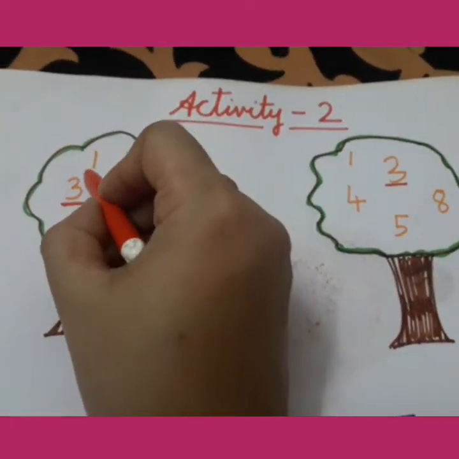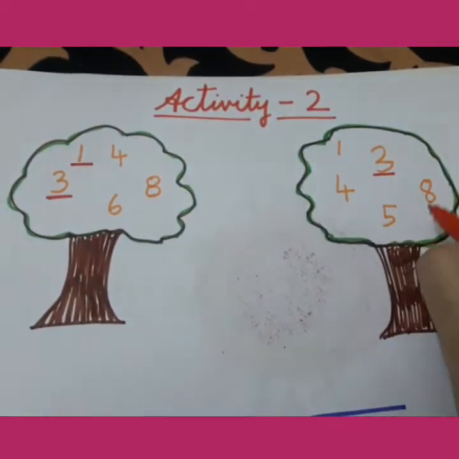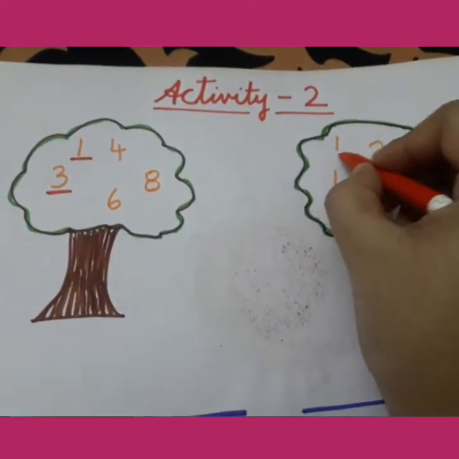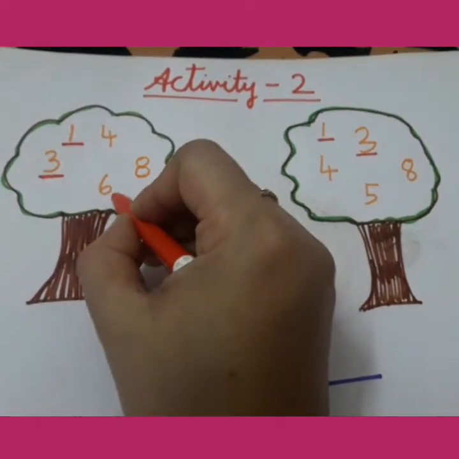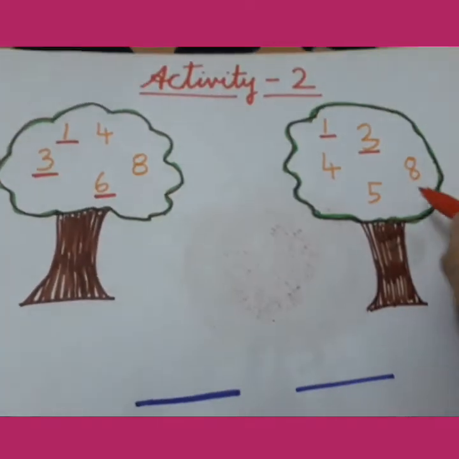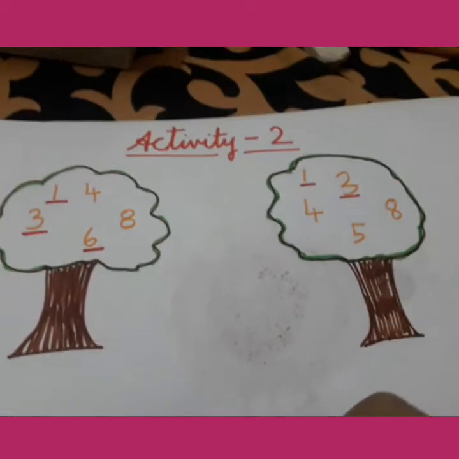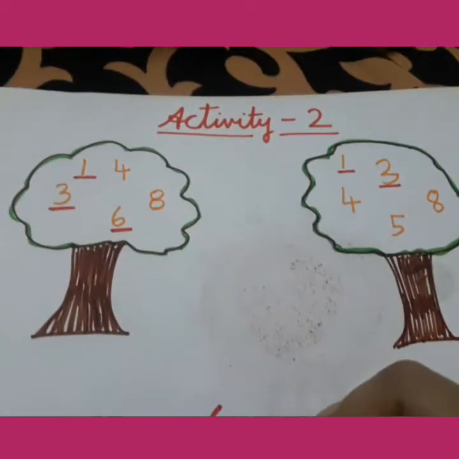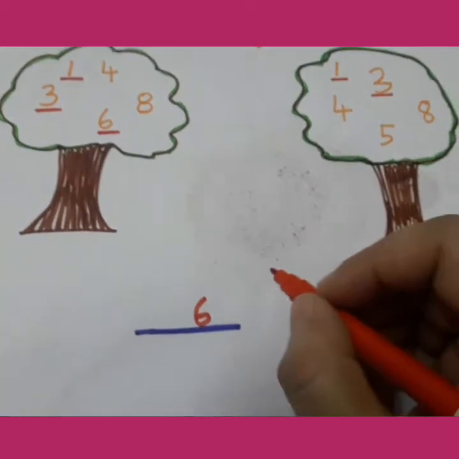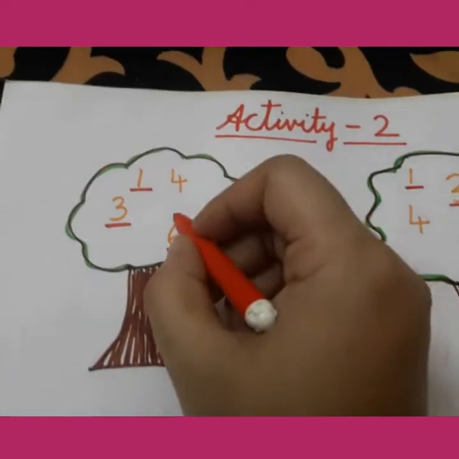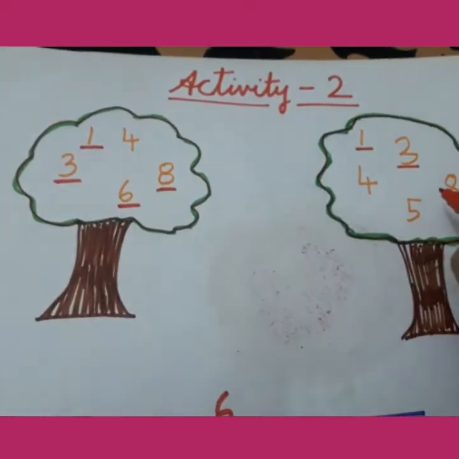Now look at the number 1. Can we find 1 in this tree also? Yes, we can find it. Now look at the number 6. Can we find 6 here? No, we cannot find 6 here. So ask your child to write the number 6 in the dash. Now look at the number 8. Can we find 8 here?